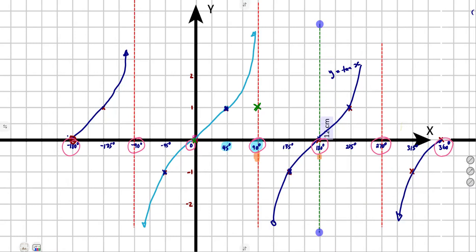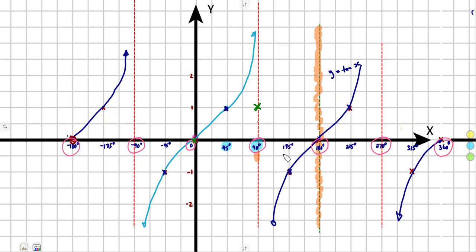For the new graph, that is going to be our asymptote. The original one was happening at 90. So the point 90 is the same as the point 180 for the new graph. That's your second point.